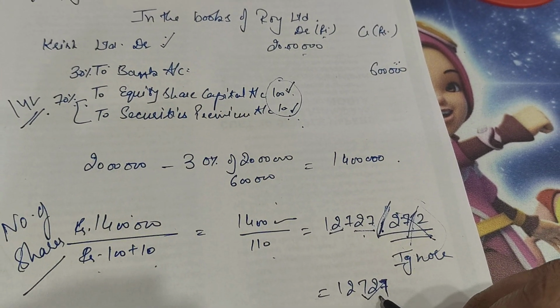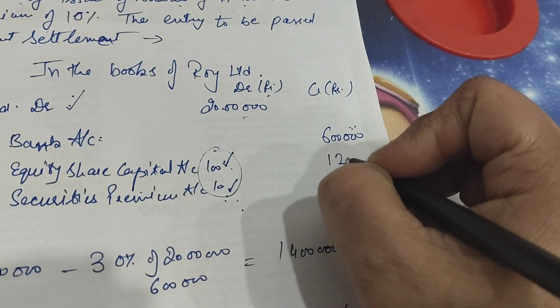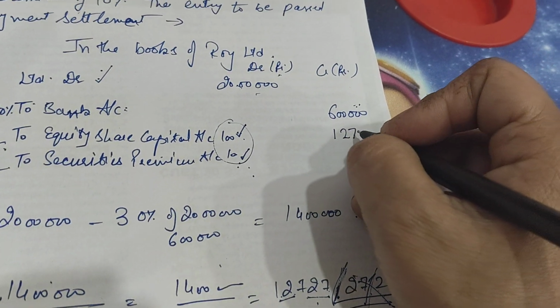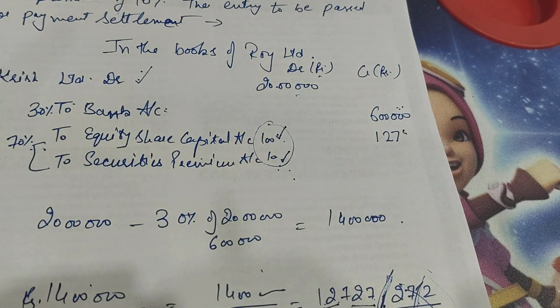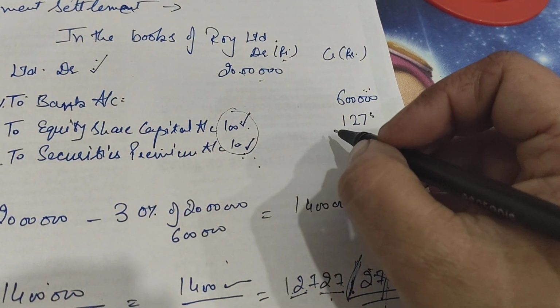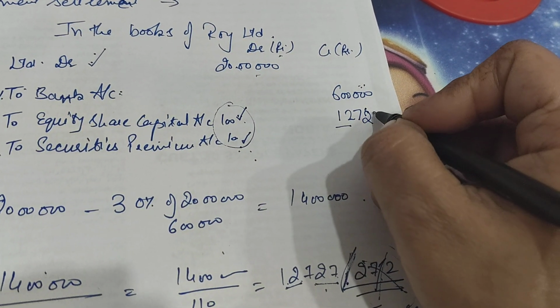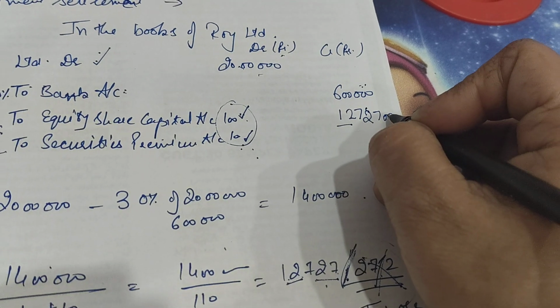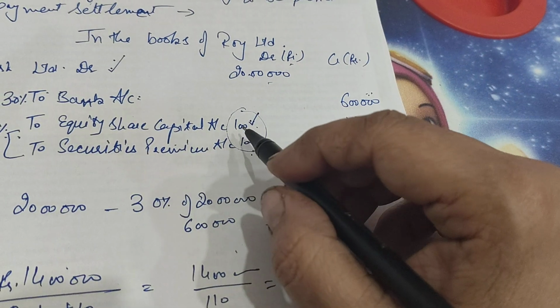Now if we multiply this value with 100, what we get over here is, sorry, it's not 1 lakh, we will get 12 lakh 72,700, because we are multiplying it with 100.